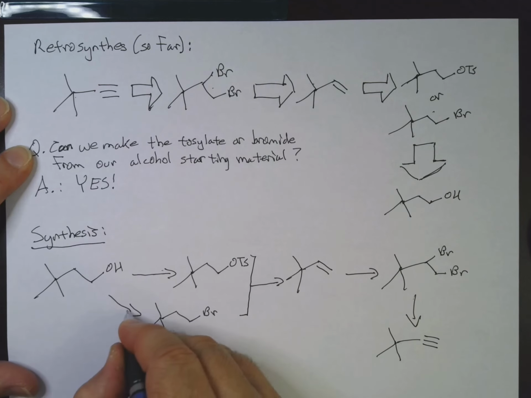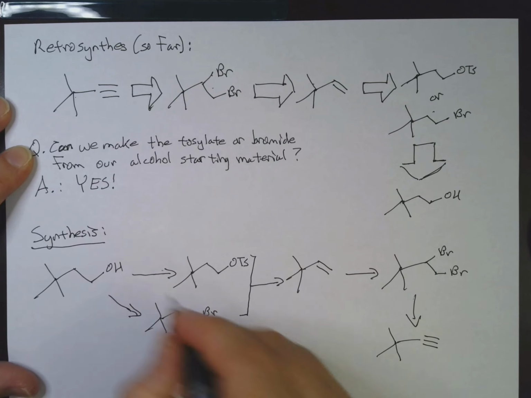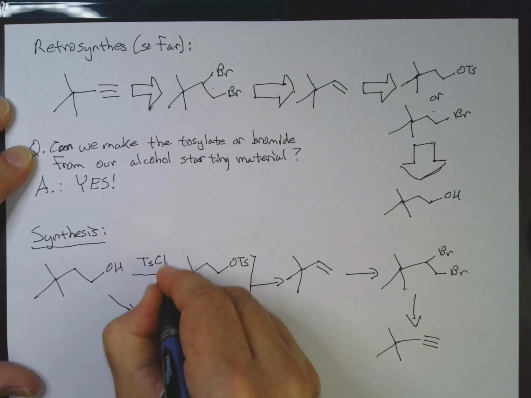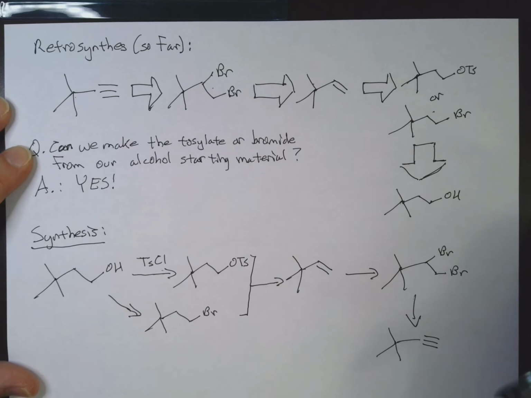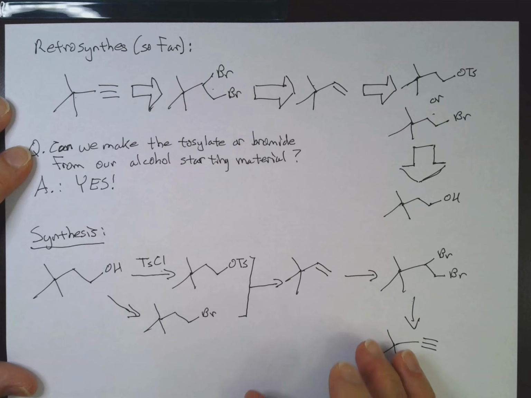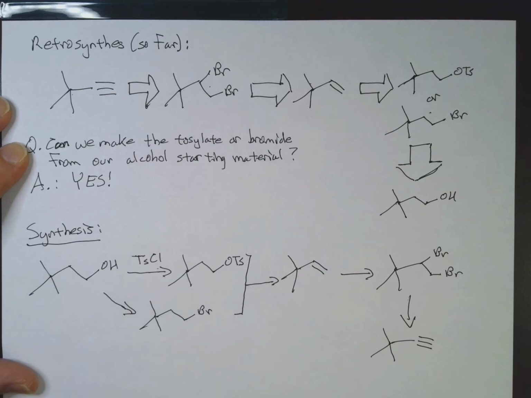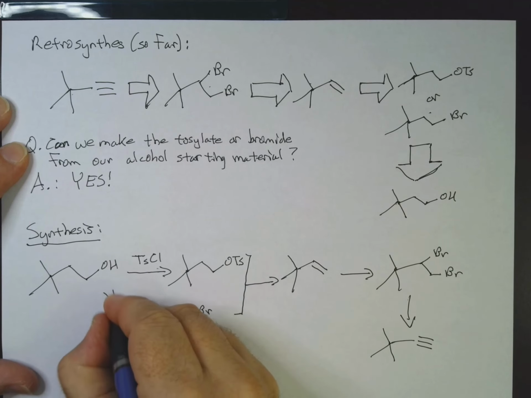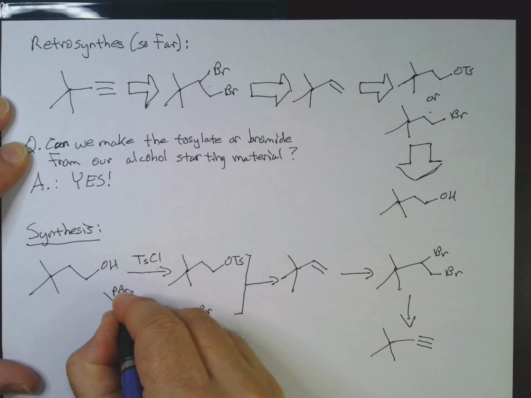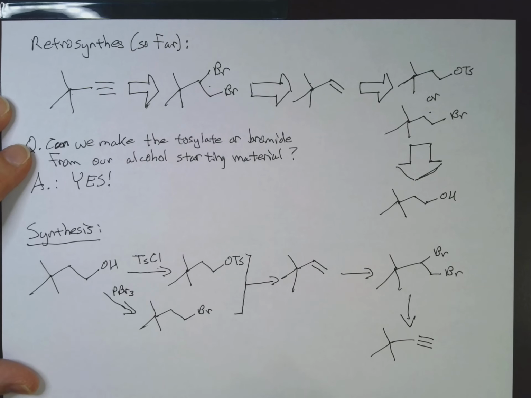Now let's add in our reagents. Okay, we can use tosyl chloride. I'm not going to bother to write in the solvent. Sometimes you need to, but for here we'll make it simpler and not add that. I think Ms. Gibson's list of reactions doesn't have the solvents listed for a lot of them. Okay, we could use PBr3 to make the bromide.